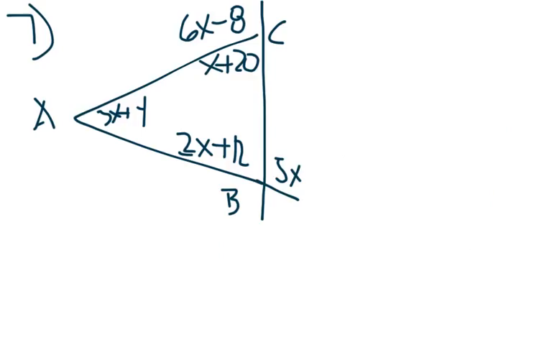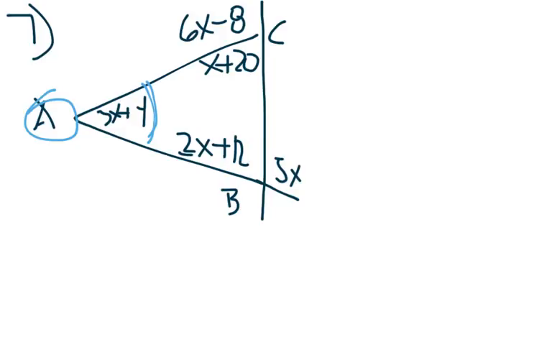Last one, number 7. So it is asking for the measure of angle A. So we're not just trying to solve for x, we are trying to find the measure of this angle right here. So don't be intimidated. There's a number of ways we can solve for this.